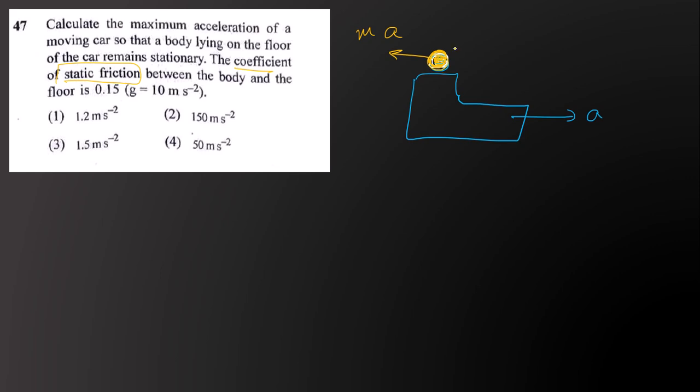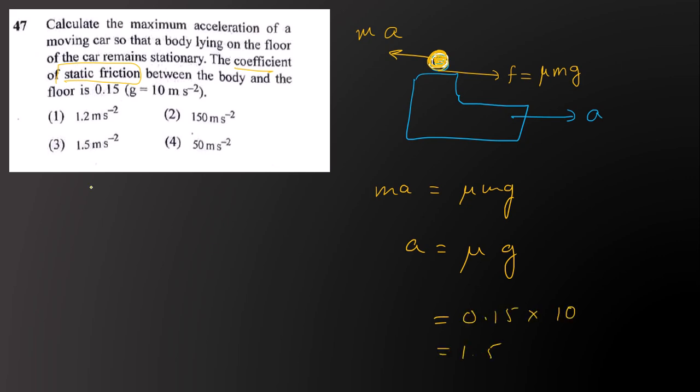Since it has the tendency to move in the backward direction and the friction is preventing it, the friction will be in this direction, and the body is placed on the horizontal plane, therefore the friction will be equal to mu multiplied by normal force, which on a horizontal plane is mg. So for maximum acceleration, ma should be equal to mu mg, or acceleration will be equal to mu multiplied by g. So mu is 0.15 multiplied by 10. So the answer is 1.5.